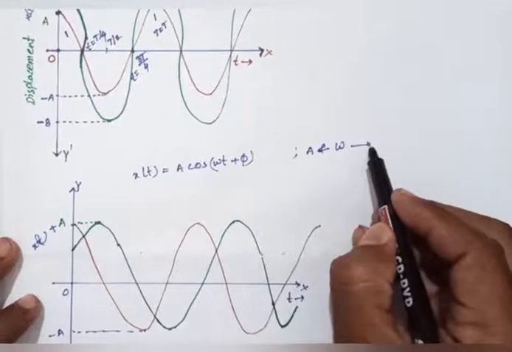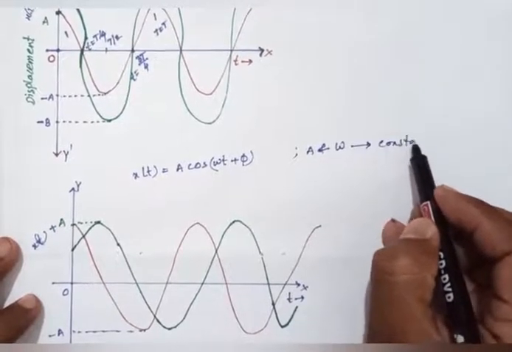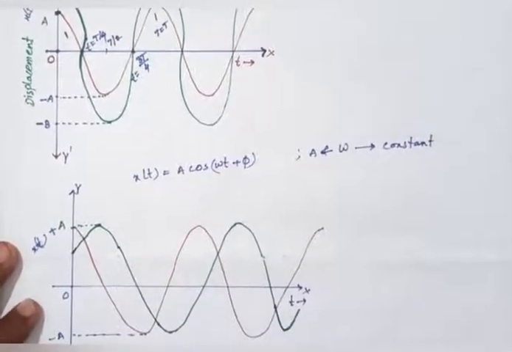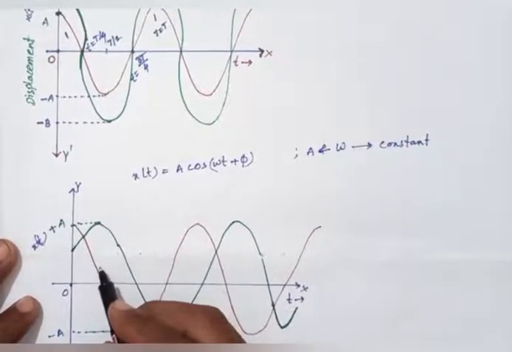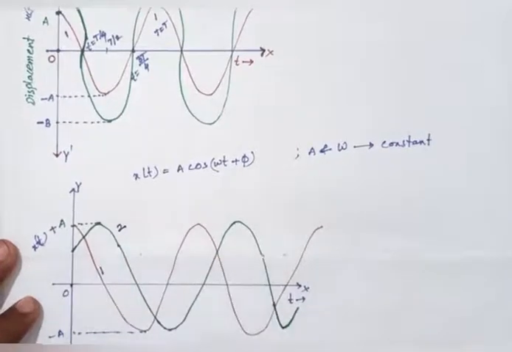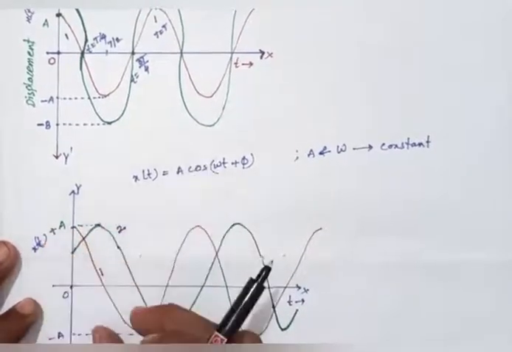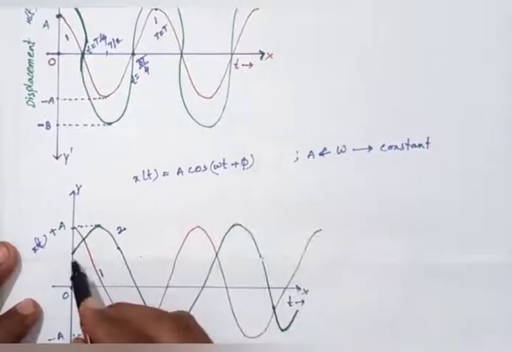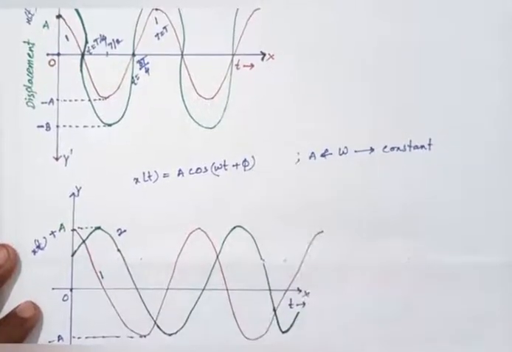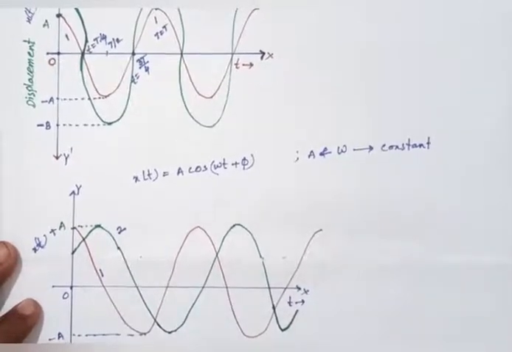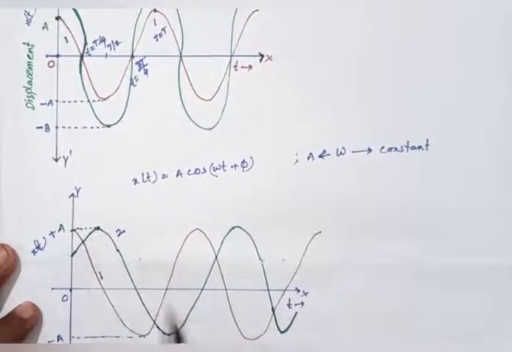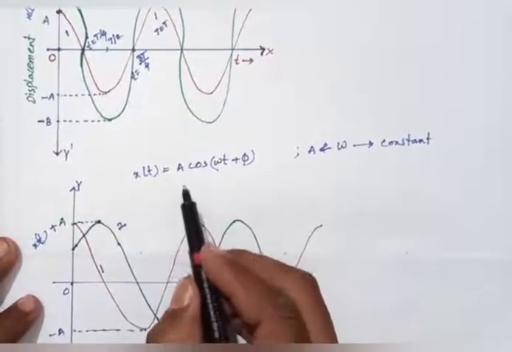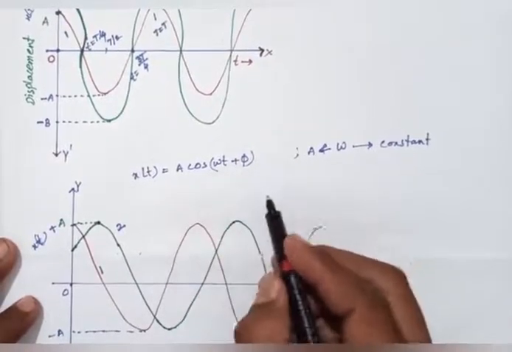Both are simple harmonic motion. In this simple harmonic motion the amplitudes are equal. The amplitude of this particle and this particle are equal.